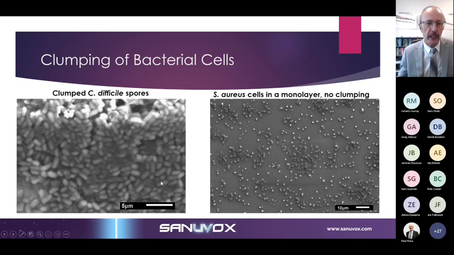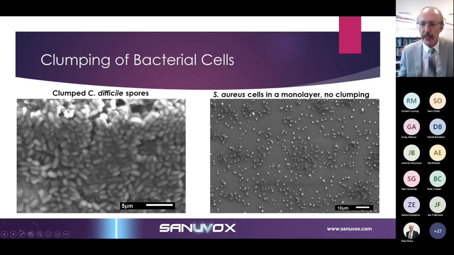On the left here, we're looking at clumped C. difficile spores. These spores were inoculated on a steel disc, and when they dried, they formed major clumps all around the meniscus of the drop. Now, we sprayed Staphylococcus aureus cells on glass, and we got no clumping at all. For the C. difficile cells, we saw a major survival tail when we irradiated.